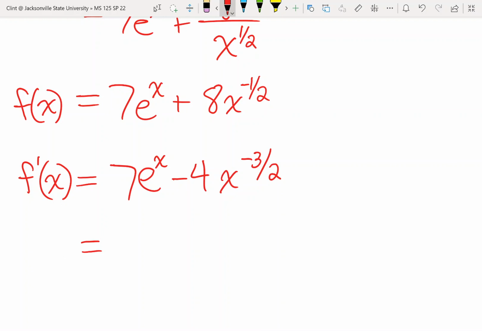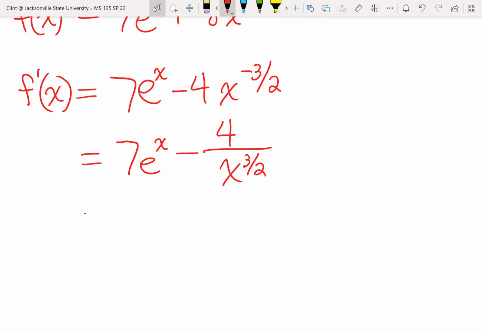Let me see what WebAssign makes you do. WebAssign will let you leave it like that, which is good. If we run into the situation where we need to get rid of the negative exponent and put it back in radical form, we would have minus 4 over x to the 3/2, and then we change that back to radical form.